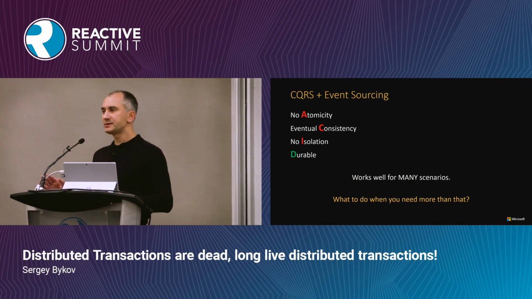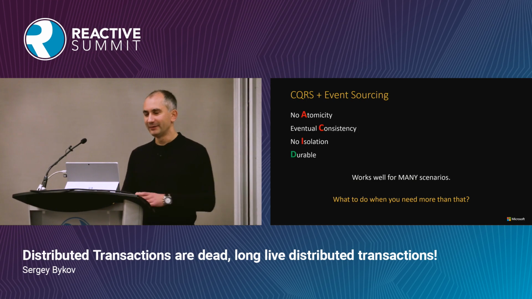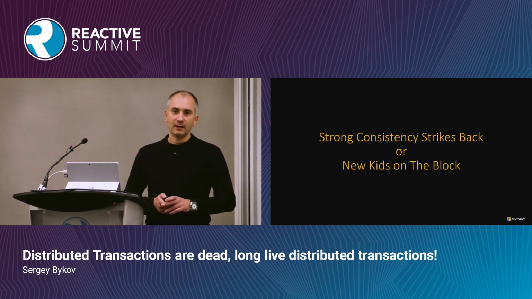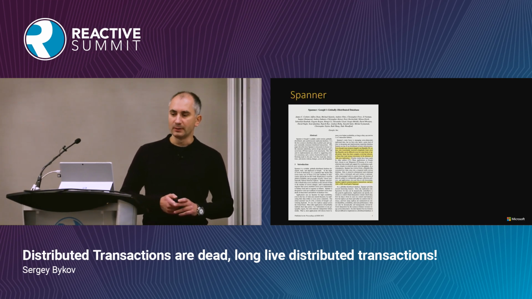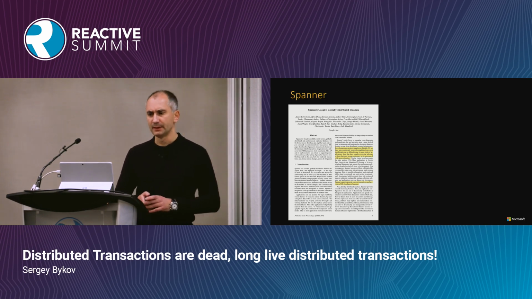And again, there are religious debates about whether everything should be eventual or not. I'm not going to go down that path, but there is evidence that people are looking, again, at consistency. There was a paper in 2012 published by Google about Spanner, their distributed, consistent SQL-like database.